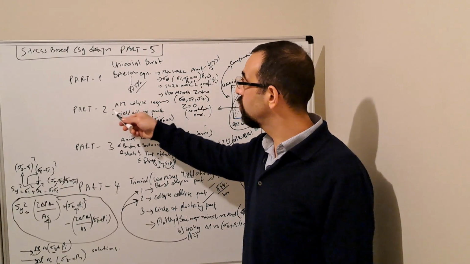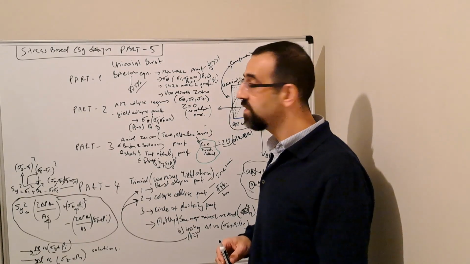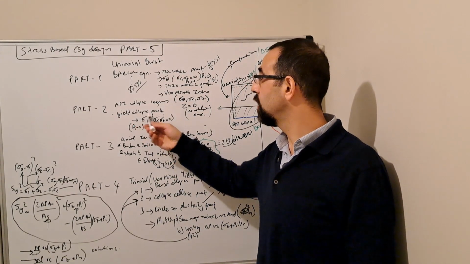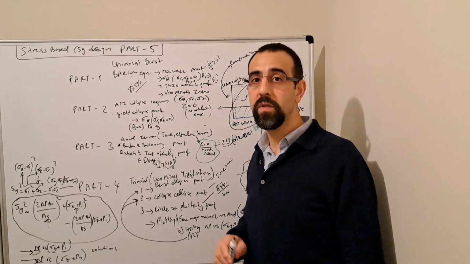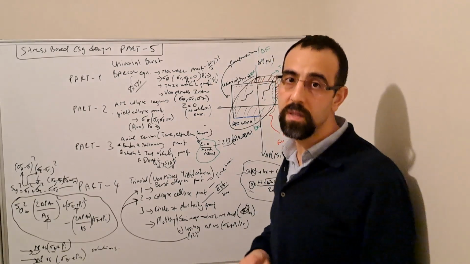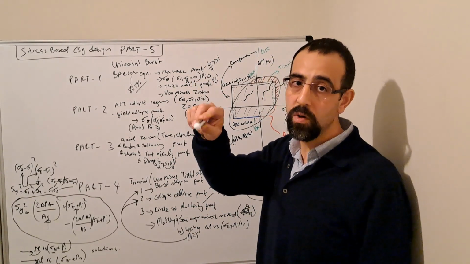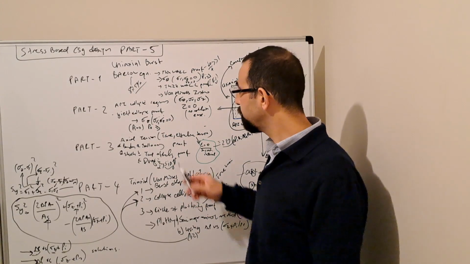In part number two, we covered the API collapse regimes, and we started the video by proving the yield collapse, which is the lowest region of the API regimes in the outer diameter over thickness versus the yield strength plot.